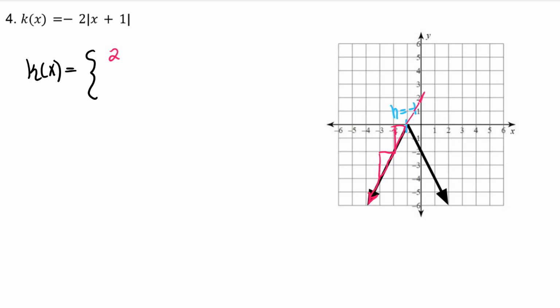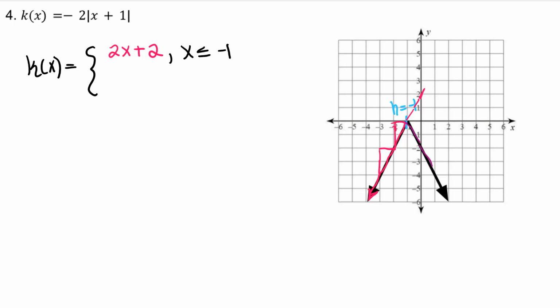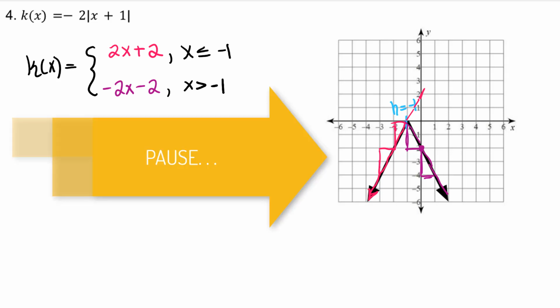So +2x plus 2, and that is when x is less than or equal to our h value. To the right of the vertex, our slope is -2, and our y-intercept is -2. So when x is greater than -1, our function is defined by the line -2x minus 2. Rewrite that as a piecewise function with 3 pieces.